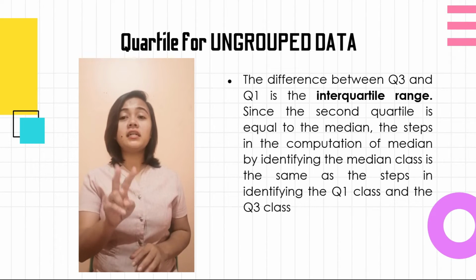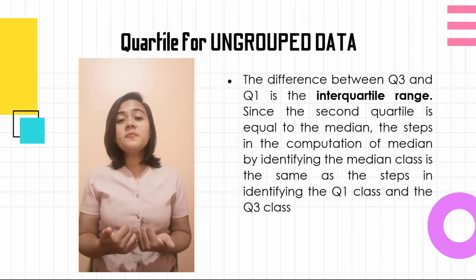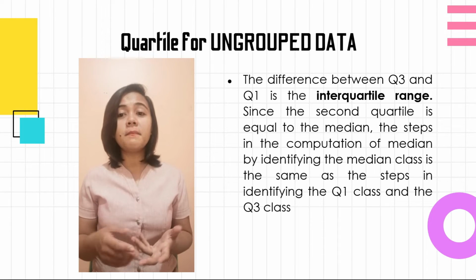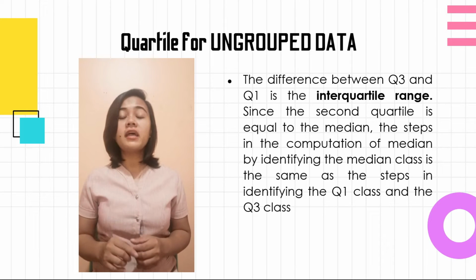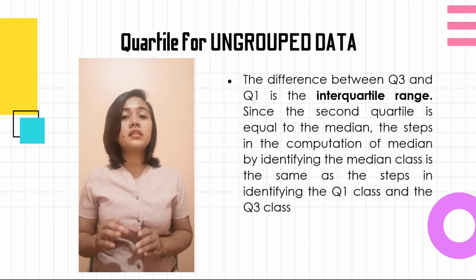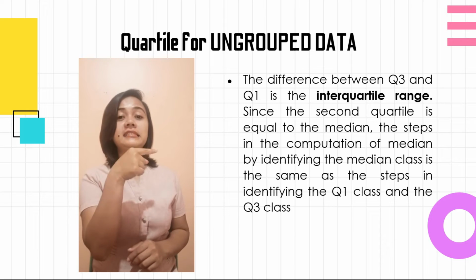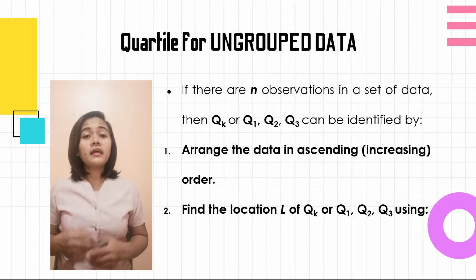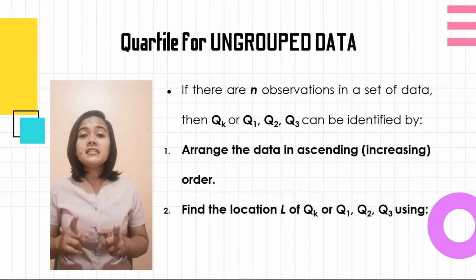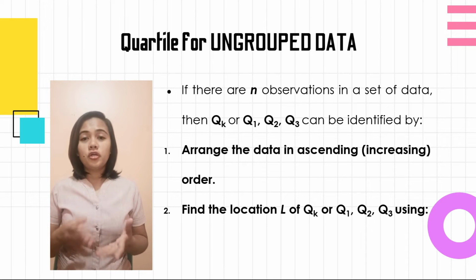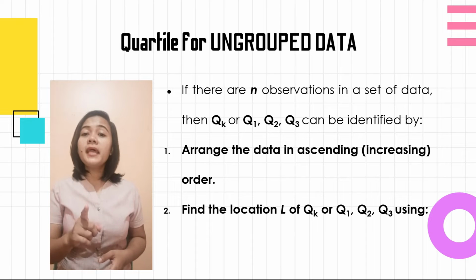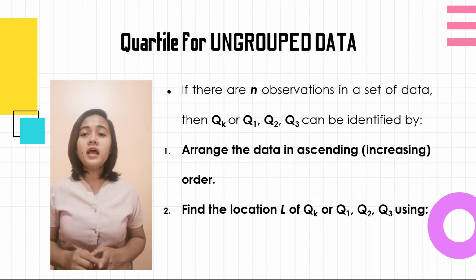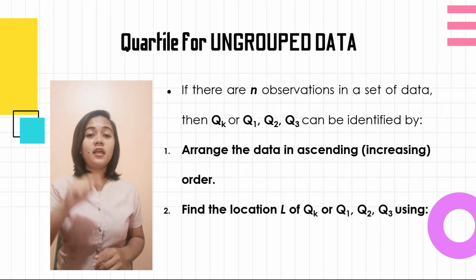Since the second quartile is equal to the median, the steps in the computation of the median by identifying the median class are the same as the steps in identifying the quartile 1 and the quartile 3 class. If there are n number of observations in a set of data, then Q sub K, or quartile 1, 2, and 3, can be identified by, number 1, arranging the data in ascending or increasing order.